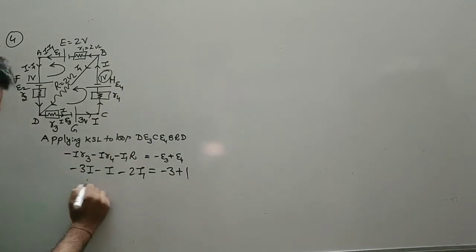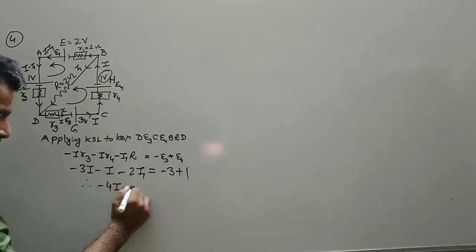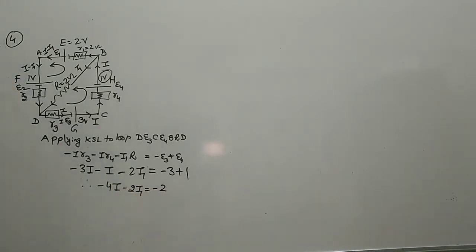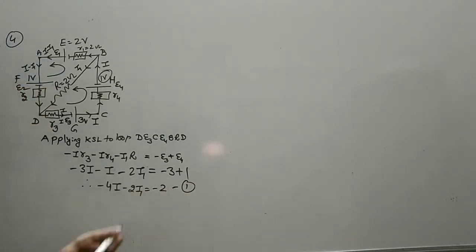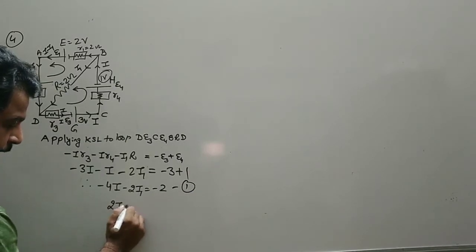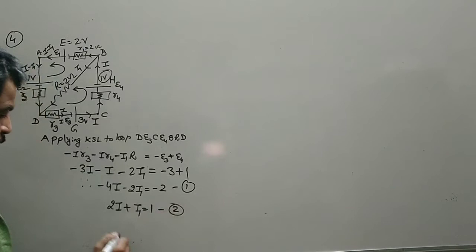Therefore we have minus 4I minus 2I1 is equal to minus 2. This is one equation, or we divide it by minus 2 on both sides. So we get 2I plus I1 is equal to 1. Let us name this equation 2.